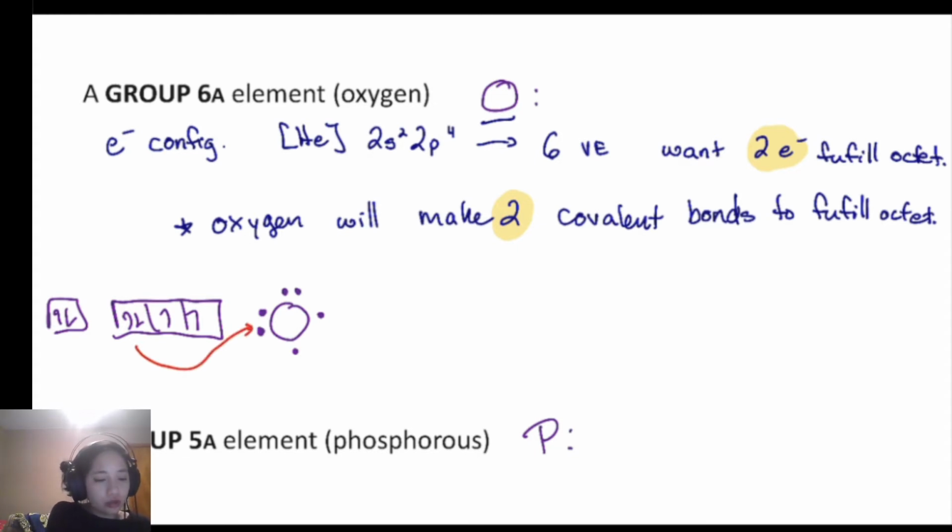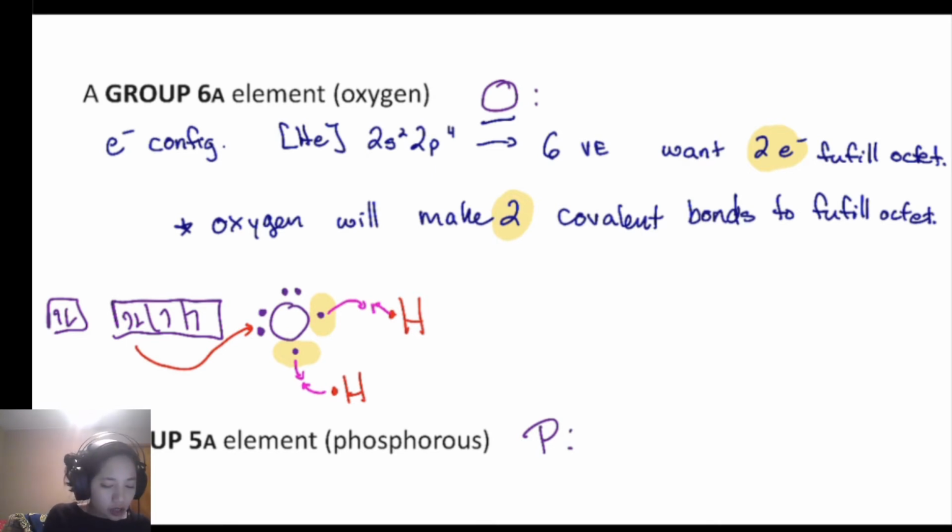So these 2 spaces with unpaired electrons, those are great places to put some covalent bonds to share electrons with other things. So why don't we just throw some hydrogens around? A hydrogen atom has one unpaired electron. So essentially what's going to happen is that this oxygen is going to share an electron with one hydrogen to make one covalent bond there, and then its other unpaired electron will go here.